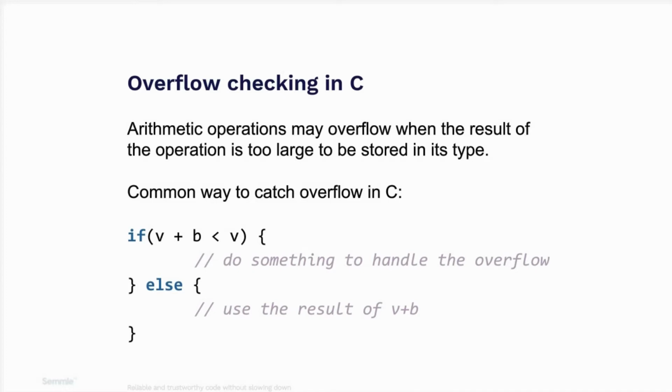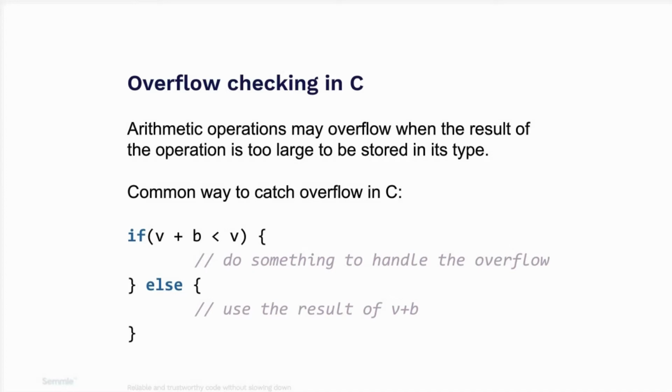The problem is if the types of v and b are small types, like, for example, an unsigned char or an unsigned short, and if your int type on the machine that you're running it on is bigger than that, then the way that the C and C++ programming languages work is that they do something called promotion, which means that it will actually compute the plus in an int type and not in the smaller type.